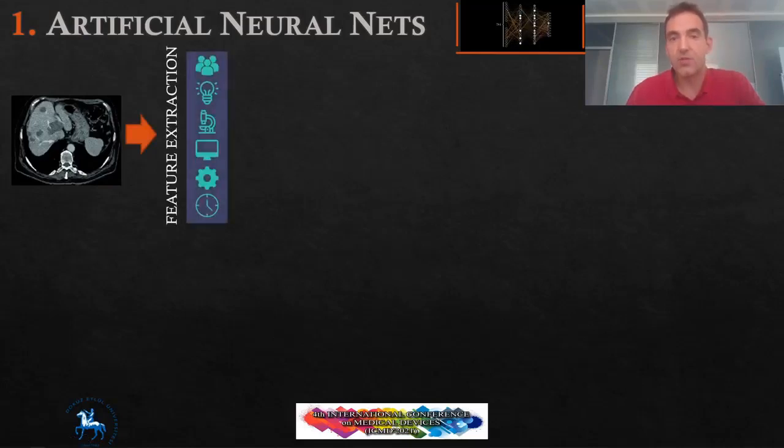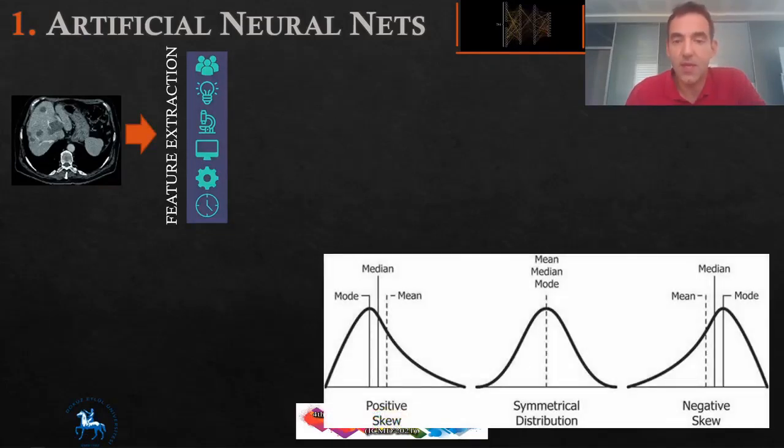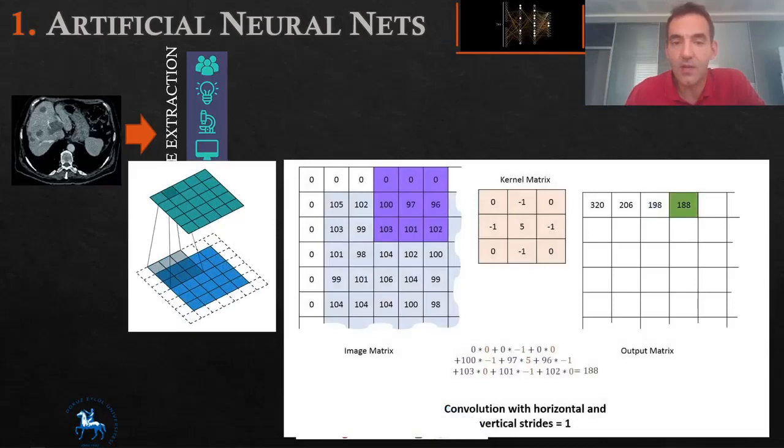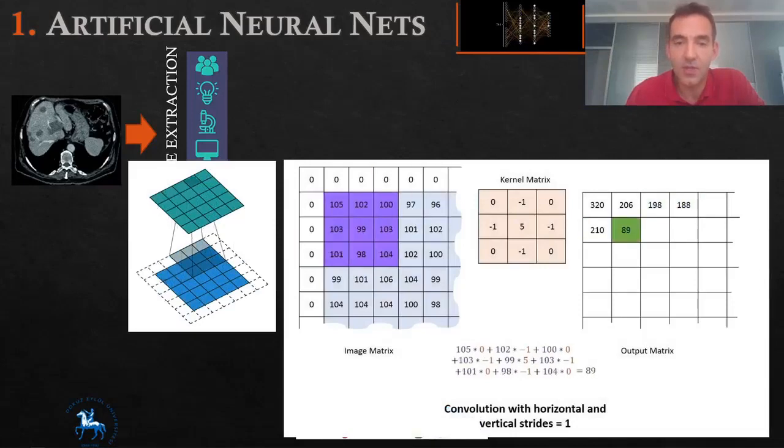Now these features, there are various features that we can extract. For example, the histogram and the histogram properties like the skewness and the distribution and the kurtosis, or the convolution-based features like all kind of filters and textures.